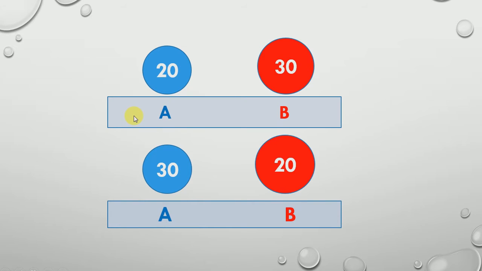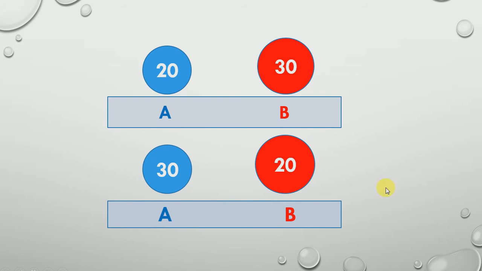So we will follow three steps in order to swap the value of variables or numbers. Here I have two variables a and b. A contains 20 and b contains 30, and after the swapping process a will be 30 and b will be 20.